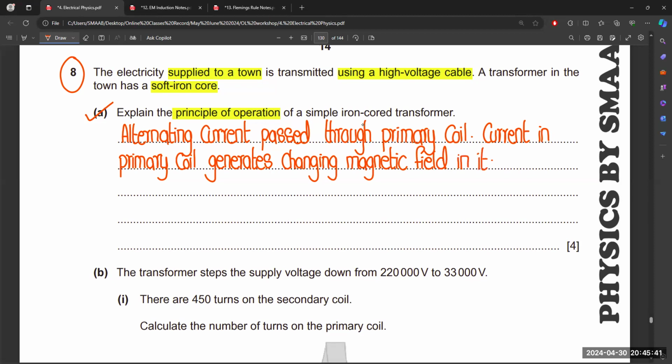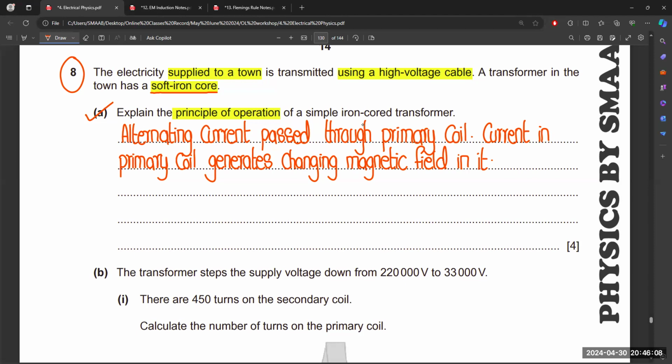Like in the primary coil, magnetic field is produced, and we are using a soft iron core because soft iron core is the piece of iron on which we wound that wire, right? So when we wound that wire on the soft iron core, it can be easily magnetized and easily demagnetized.